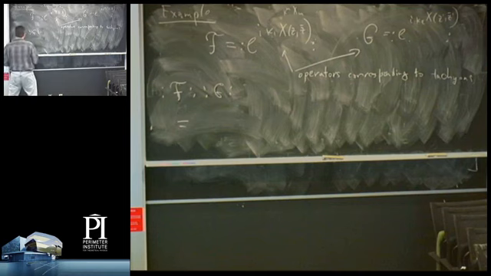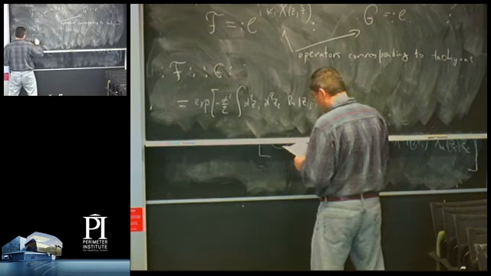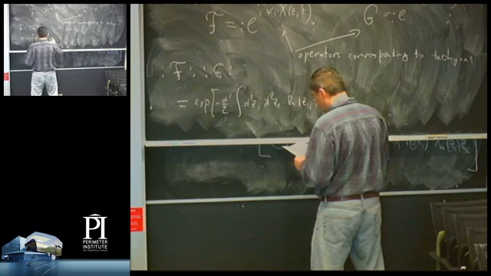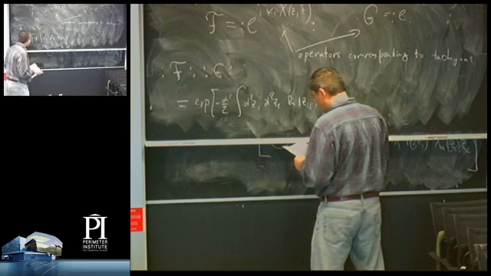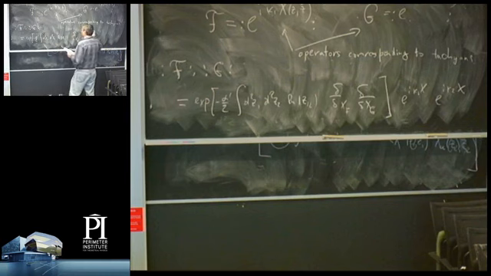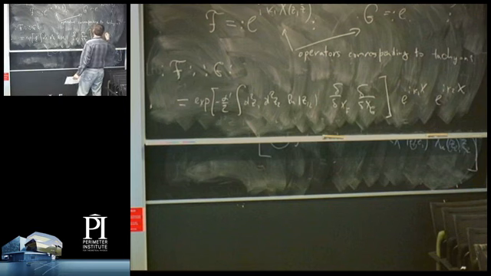The general formula tells me that this is exponential of minus alpha prime divided by 2, then the integral d2z1 d2z2 log of the absolute value of z1 minus z2, and then I have delta over delta x for f and delta over delta x for g, acting on e^{ik1 x} and e^{ik2 x}.